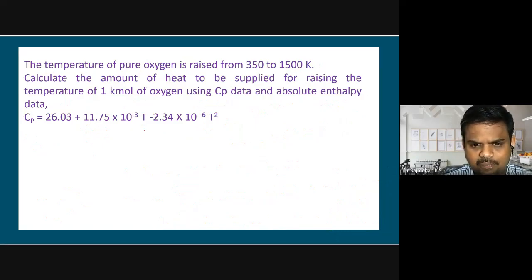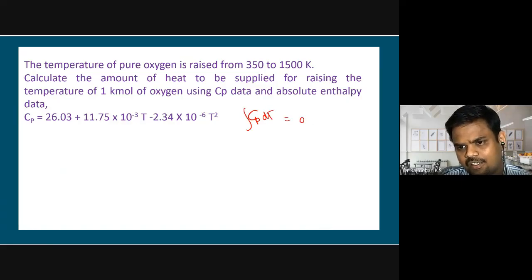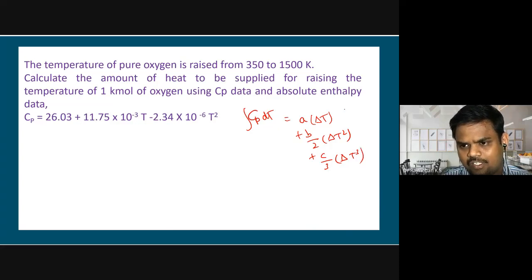I can say the integral of Cp dT is equal to A into delta T plus B by 2 into delta T square plus C by 3 into delta T cube, between the limits T1 and T2.